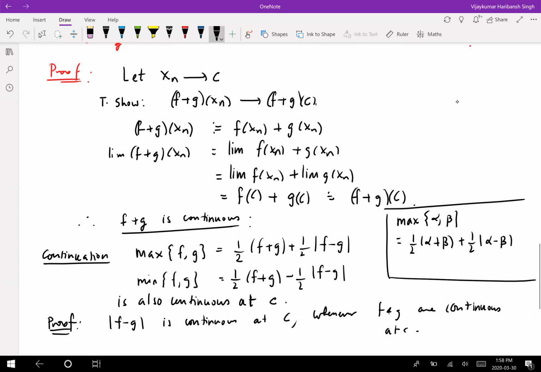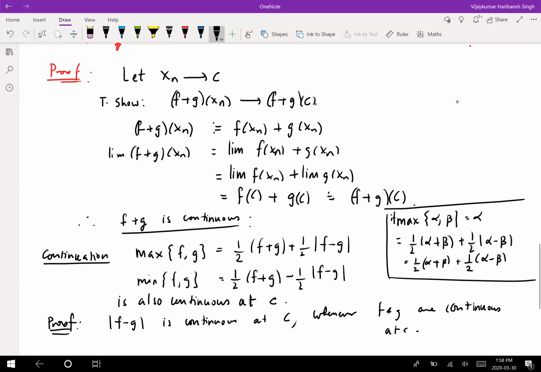Yeah. I mean, how do you argue this? You can argue this by taking two cases. If this is equal to alpha, then this is going to be what? Half alpha plus beta as usual, plus half. Again, then alpha is bigger than beta, so absolute value of that is just going to be minus alpha plus beta, right?